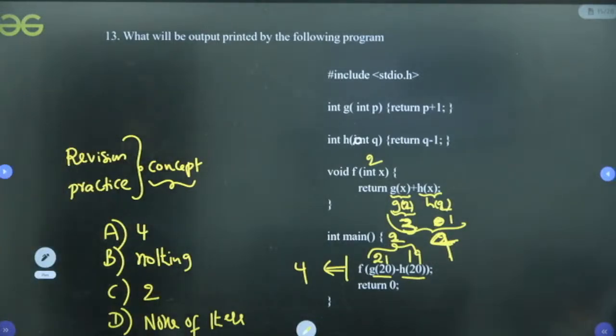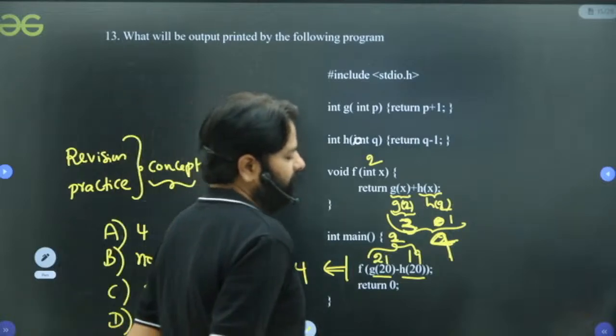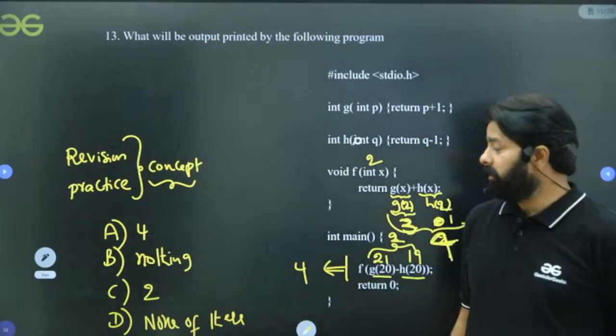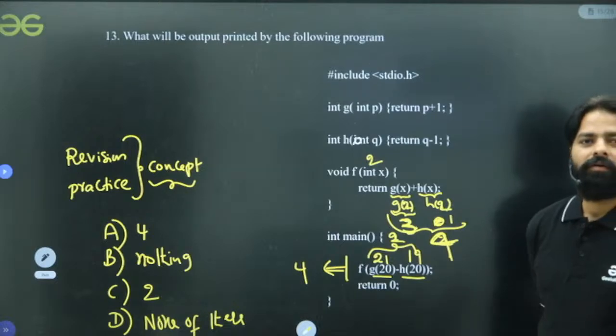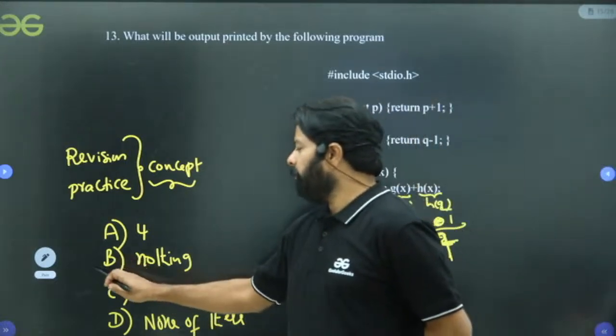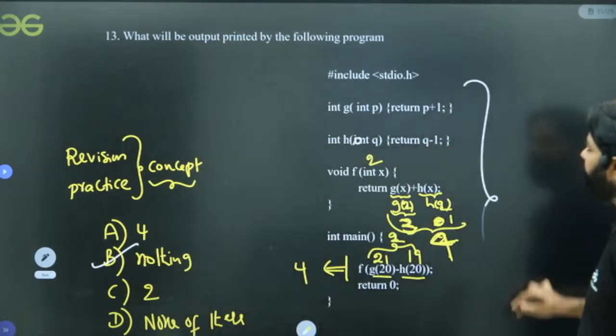So this is the identification of the mistake. Of course, I was not worried about what value is returned. Even if I do a calculation mistake, that is 2. You should go for answer B, because there is no printf here.